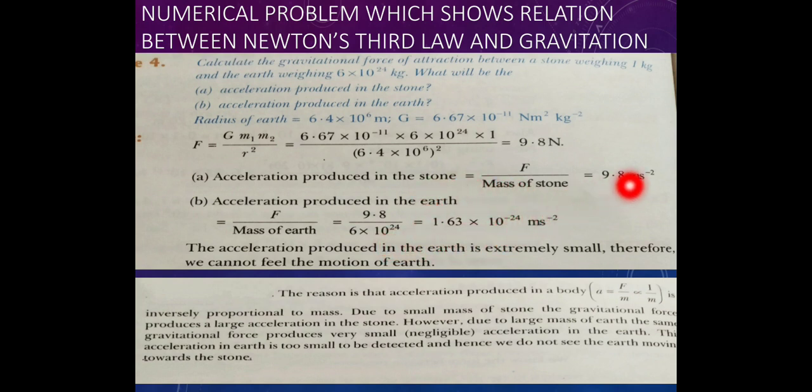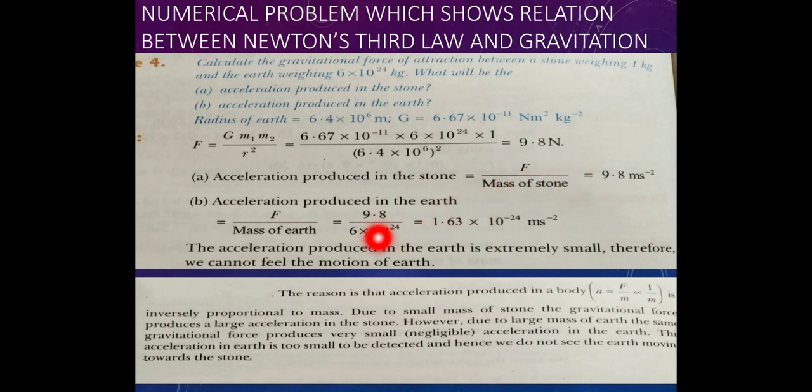Now see, compare the acceleration values. This is very small, 6.63 into 10 to the power minus 24 meter per second square. So the acceleration is very much less than the acceleration of the stone.